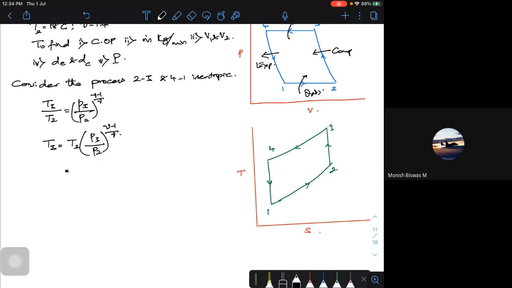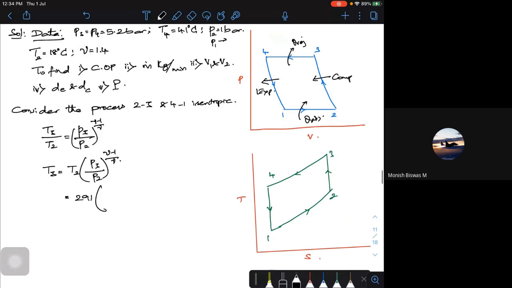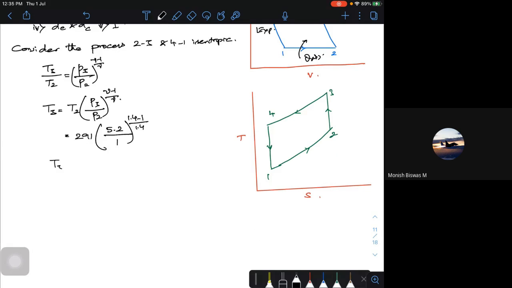Your T2 is 18 plus 273, you have to substitute everything in Kelvin, so that is 291, into P3, which is 5.2 bar divided by 1, to the power of (1.4 minus 1) divided by 1.4. So T3 I am getting around 466 Kelvin.